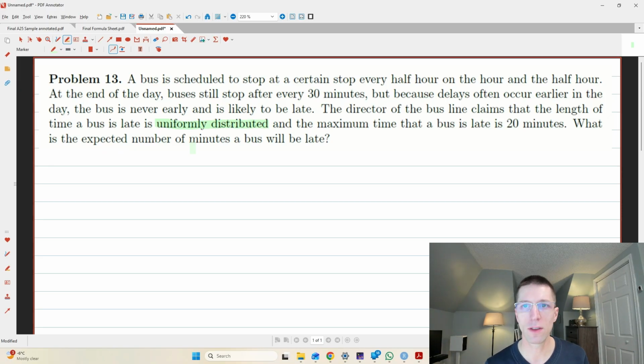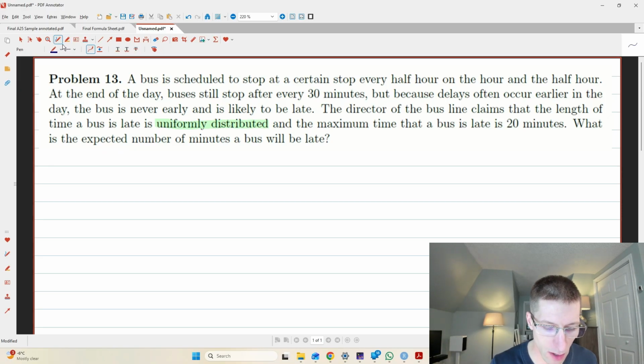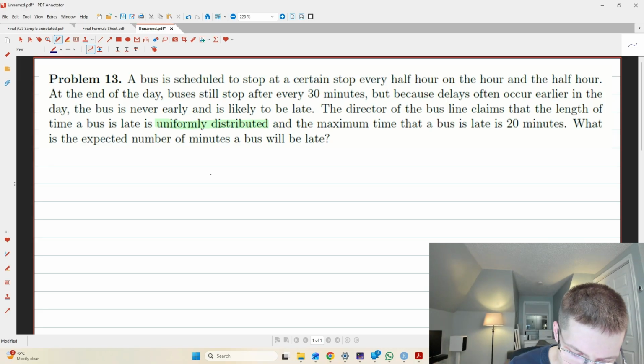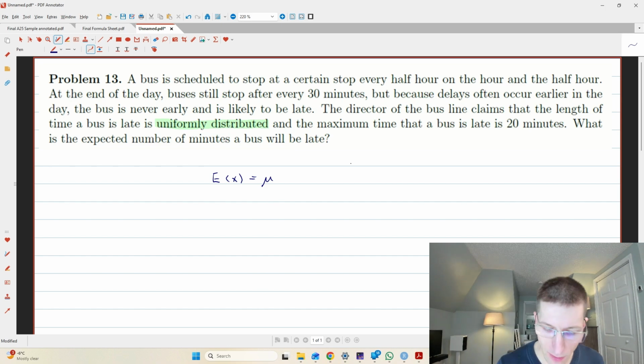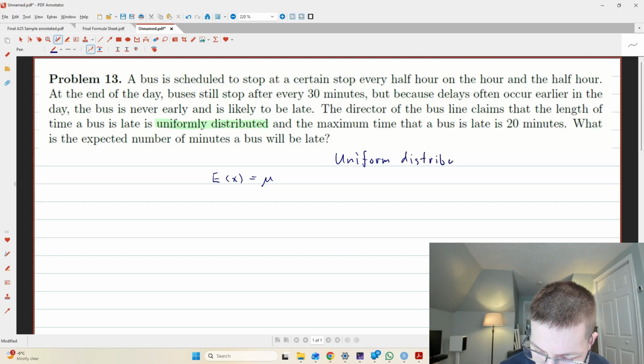I think that what makes this problem maybe tricky is the wording, that you have to remember what expected value is. So E of X is the mean. And we have a uniform distribution with X being distributed between 0 and 20.